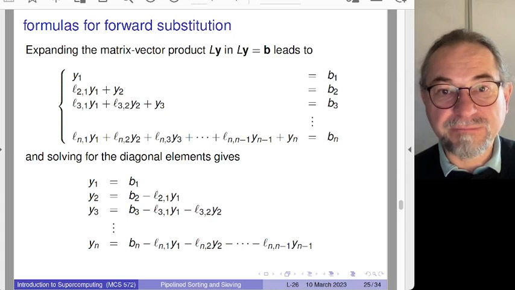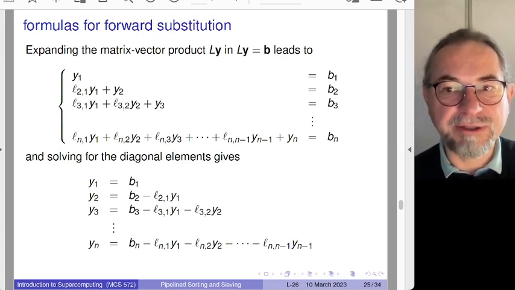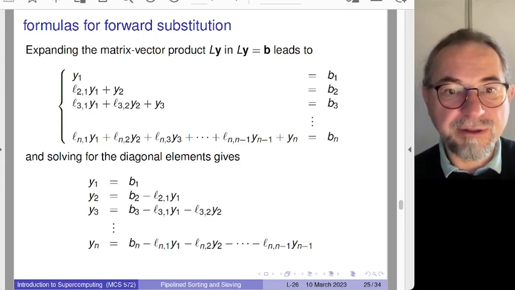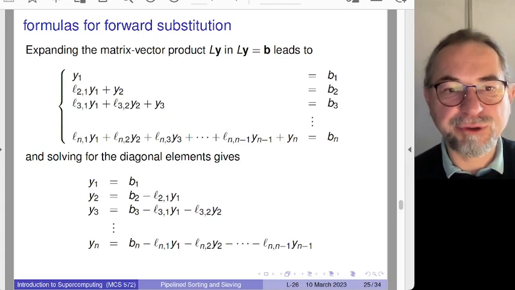One can think of this triangular matrix as the output of an LU factorization, where the lower entry numbers store the multipliers in the LU factorization. Then the formulas for the forward substitution can be readily derived. So it also explains why we have the forward substitution.